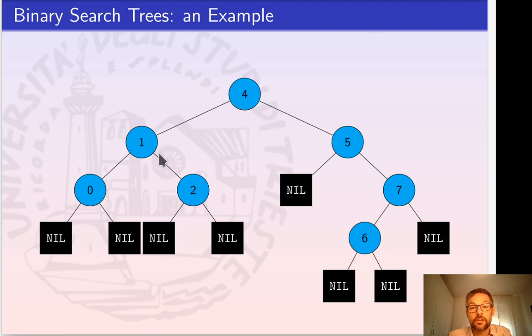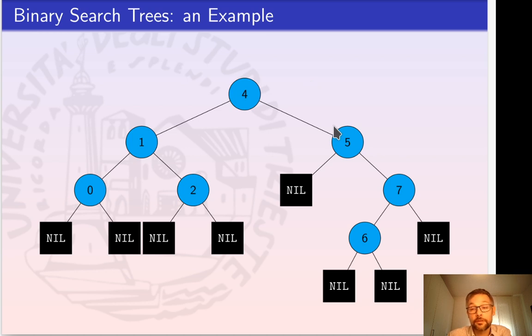In all the nodes you can see as a key the value inside the node itself, and here we have also the representation for nil, just to say that for each node we have both the left child and the right child, which may simply be a nil value. So if a node is a leaf and does not have any children, it actually has two pointers to nil, and this is the representation.